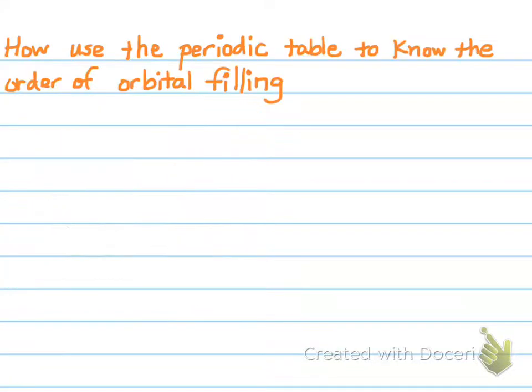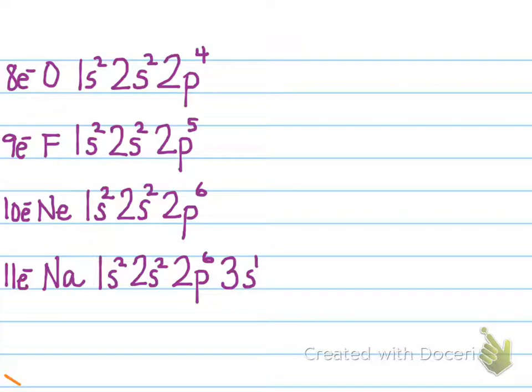So go ahead and do polonium. Again, pause the video, see if you can do polonium on your own, and when you're finished doing it, you can unpause the video and see if what you've done matches what I do.